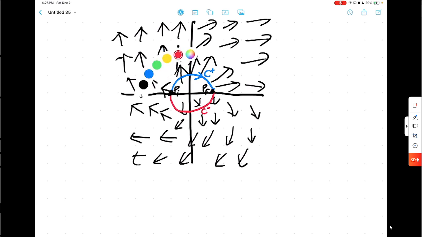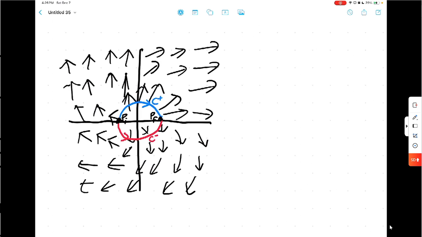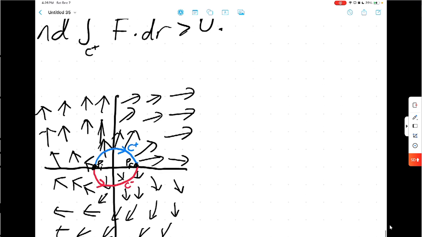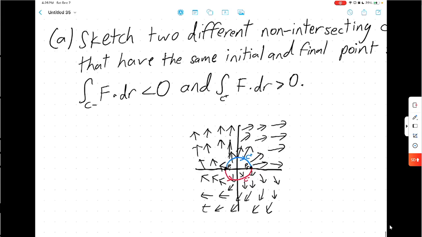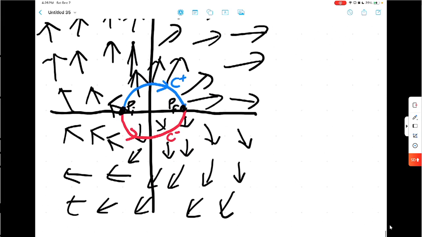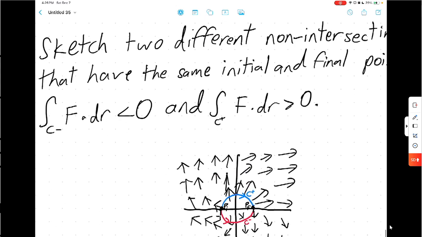This one goes in this way, and then this one has to go against the direction of the flow, so it'll also go like that, counterclockwise. This is essentially just supposed to be a unit circle or something, so just 1, -1 like that.